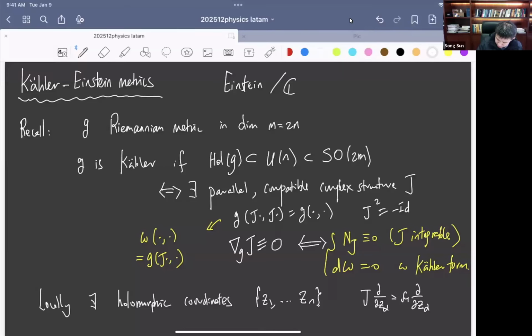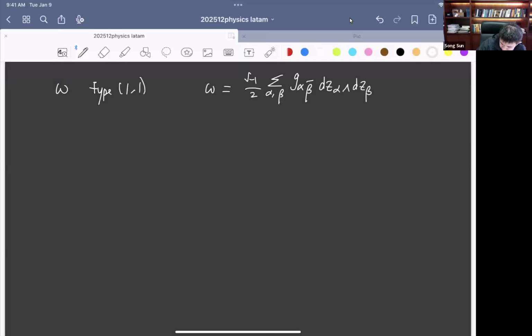And then you can write down omega in terms of this. Omega is a real-valued 2-form, of type (1,1) because it is compatible with G. So omega can be written as square root of -1 over 2, sum over alpha, beta of g alpha beta-bar dz alpha wedge dz beta-bar.